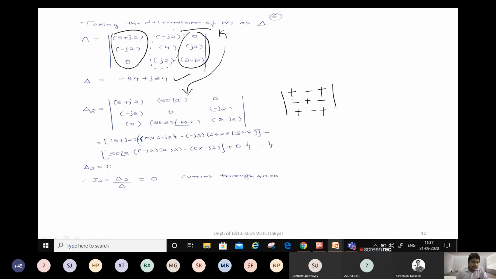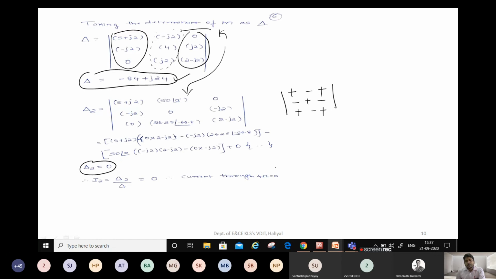And we find that delta 2 comes out to be a 0 value. Delta is this value. So if I want to find I2, I have to do delta 2 divided by delta. 0 divided by your delta value turns out to be 0. That means no current flows there.